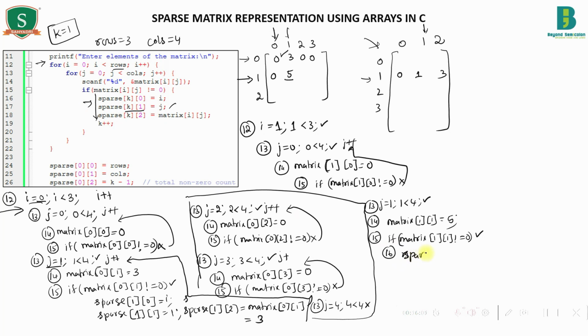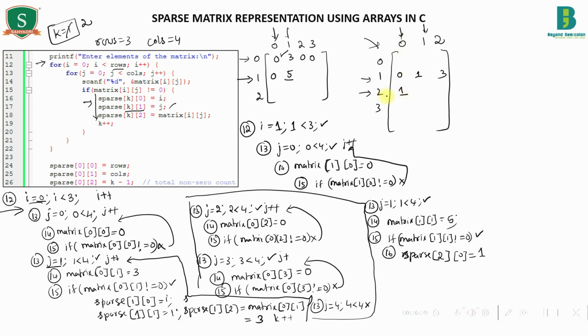Sparse matrix of k, oh, I missed a point here. Here it updates the k value, k plus plus. The k value is updated to 2 currently. Sparse of k value 2 and 0th column is equal to i. Currently i value is 1. That means sparse of second row, 0th column, the value is updated to 1.